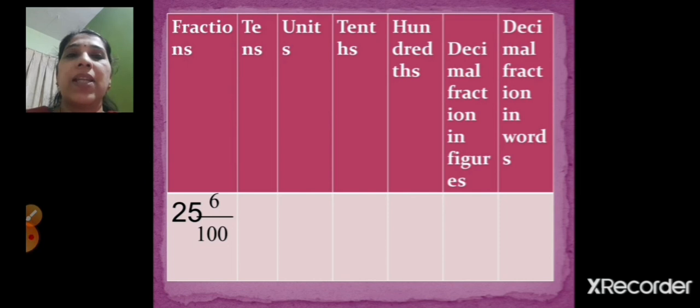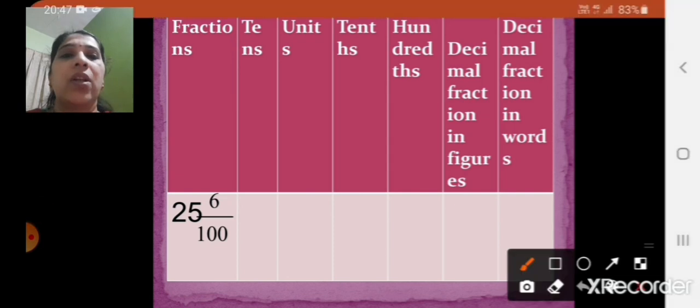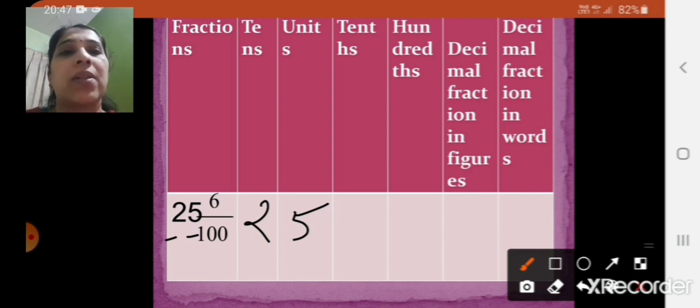So 25 is your whole number and 6 upon 100 is your fraction. For 25, 5 is in the units place and 2 is in the tens place, so you will write 5 in the units place and 2 in the tens place. Now 6 upon 100. In the denominator there are 2 zeros, so you will write it as 0.06, right?